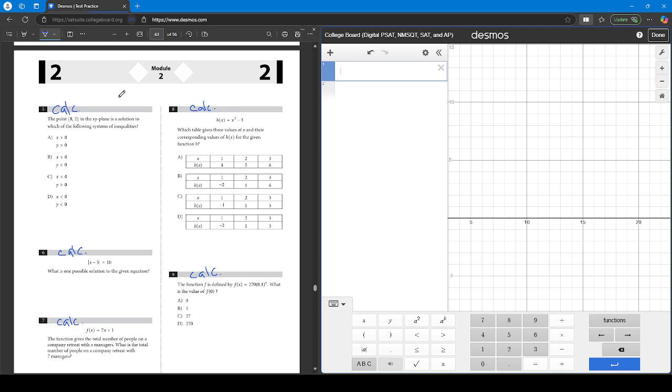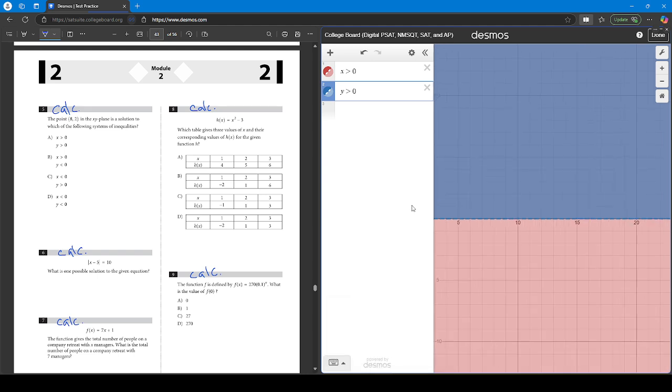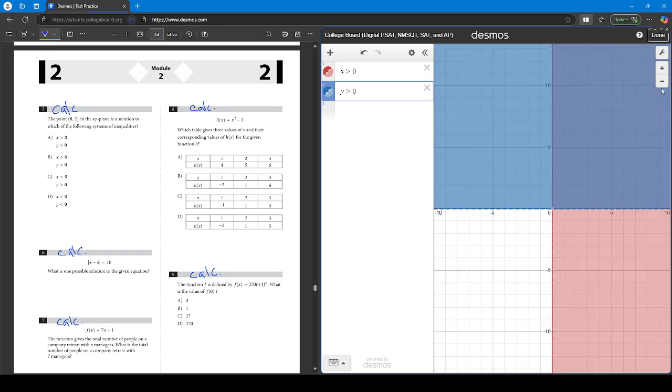So what does the graph look like? x greater than 0 and y greater than 0. I'm going to go back home. We want the stuff that gets shaded up twice. Positive 8, positive 2 is in this section here that got shaded up twice. So answer choice A is the answer.